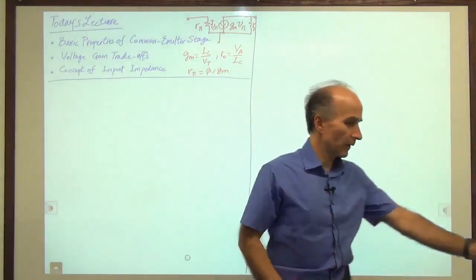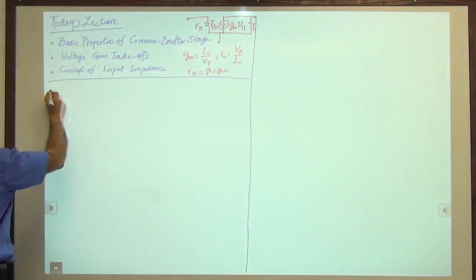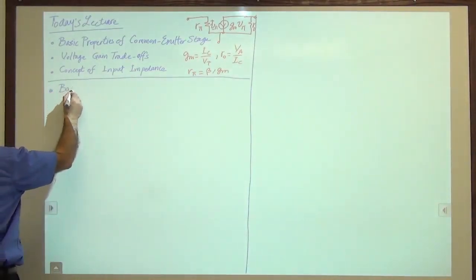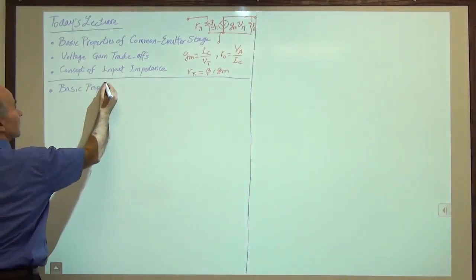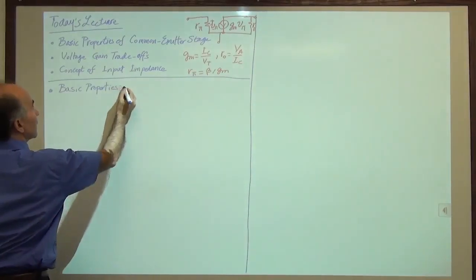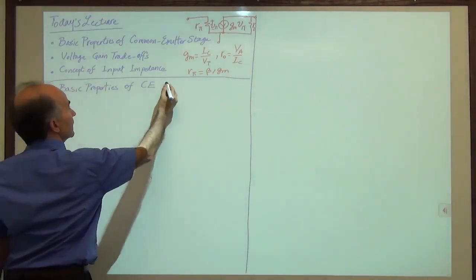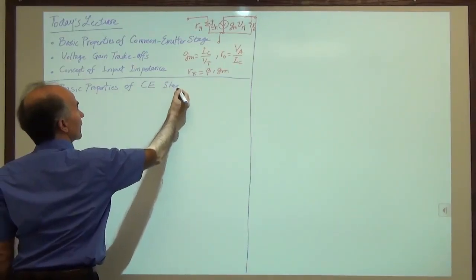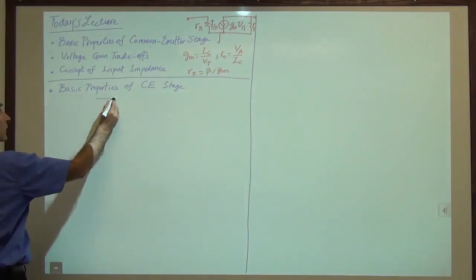All right, so let's draw that circuit again here. Basic properties of the CE stage, common emitter stage. The circuit looks like this.